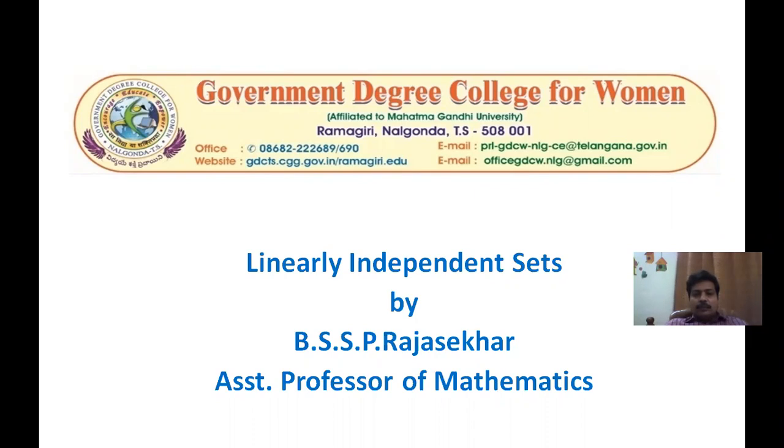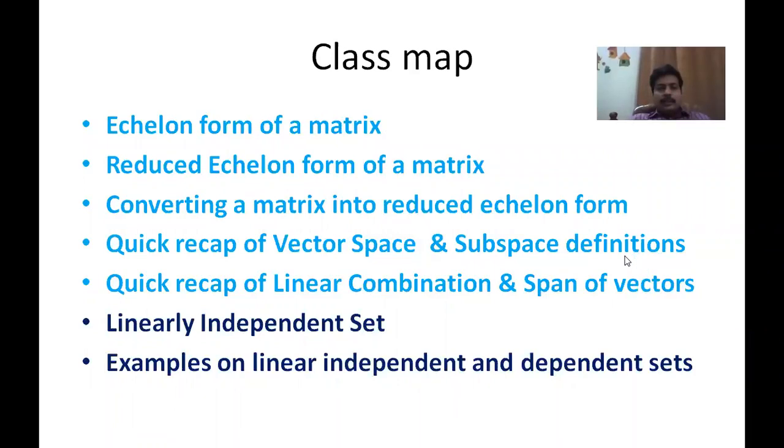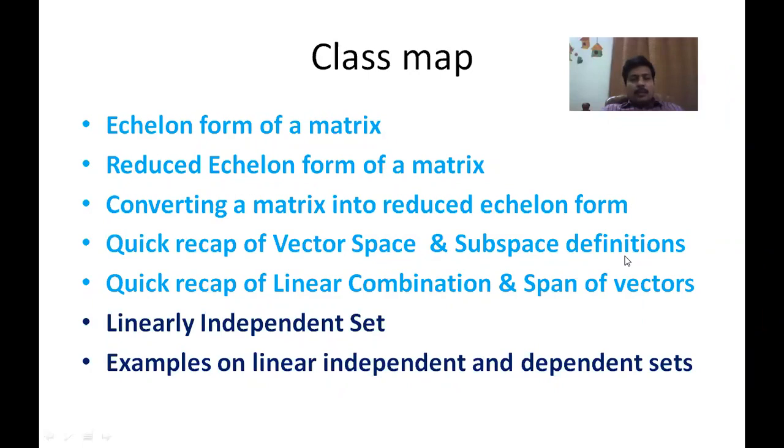In today's video, let us discuss linearly independent sets. But before going into linearly independent sets, we need to have an idea about the echelon form of a matrix and the reduced echelon form of a matrix.